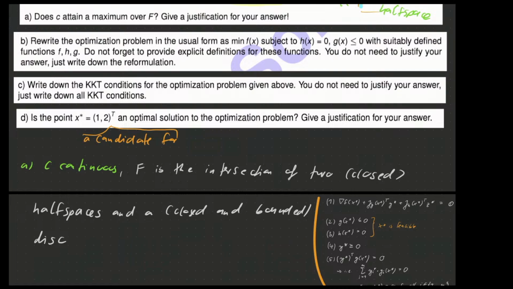So that means F is compact. And that means C attains a maximum on F. So that answers A positively.